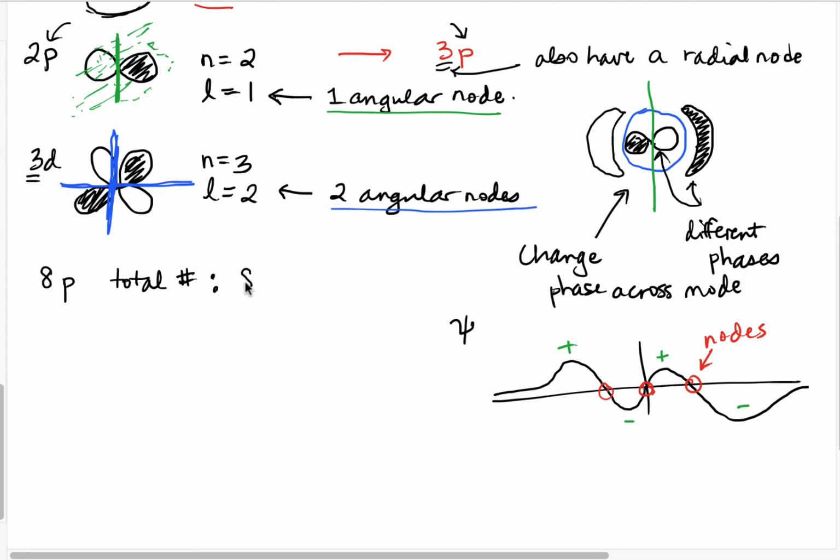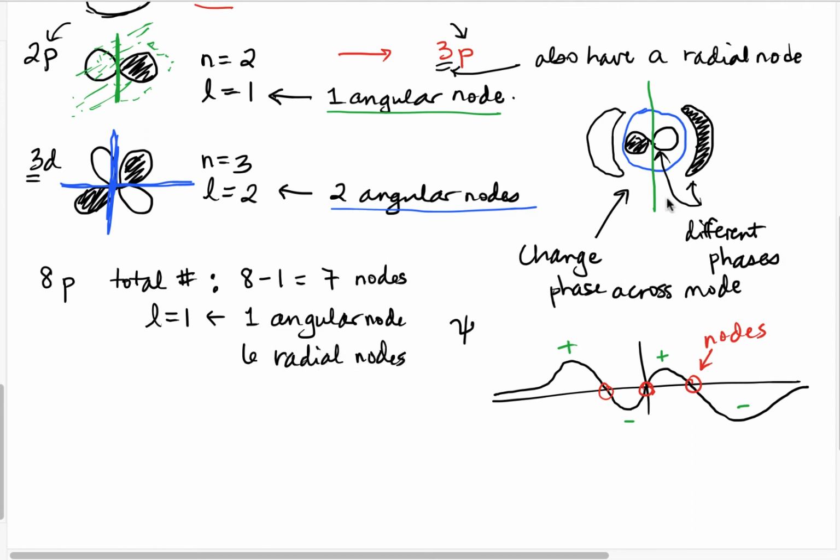Total number of nodes is n minus 1. So that's 8 minus 1 is 7 total nodes. L is equal to 1 still. So we have 1 angular node. And then the other 6 are going to be radial nodes.